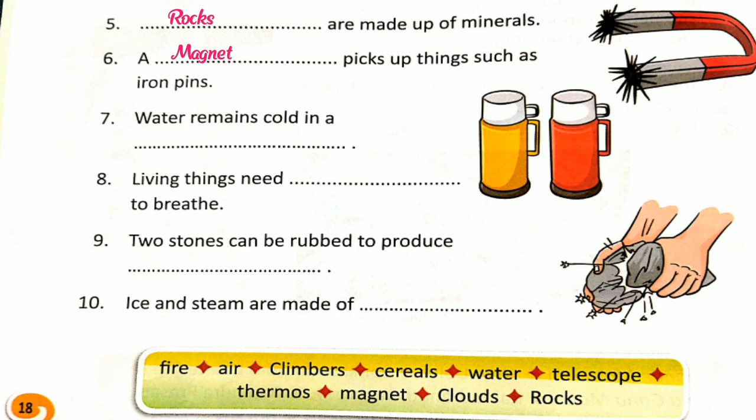So where does water remain cold? It is a thermos. In a thermos, water remains cold. Okay, now number 8. Living things need blanks to breathe. So all living things need air to breathe.